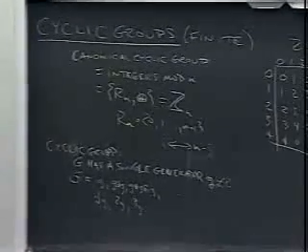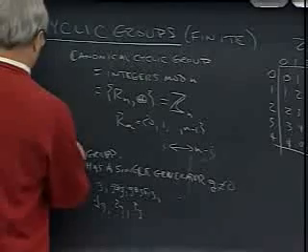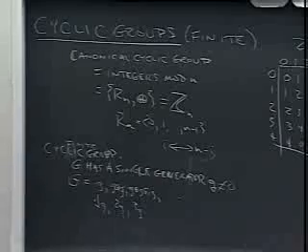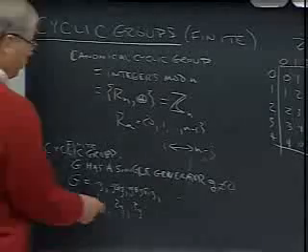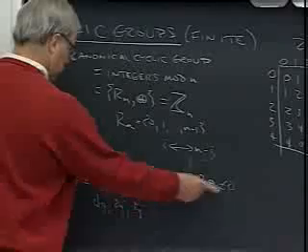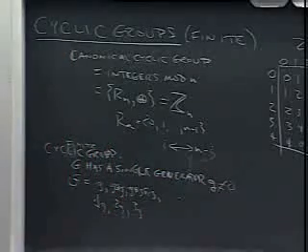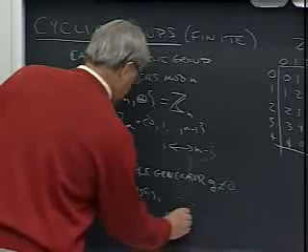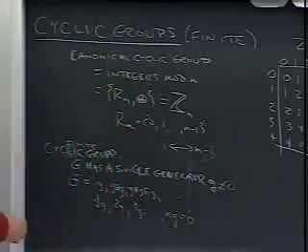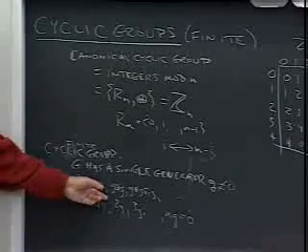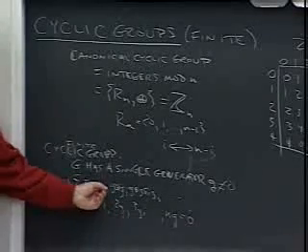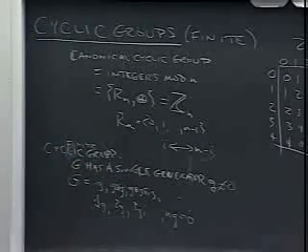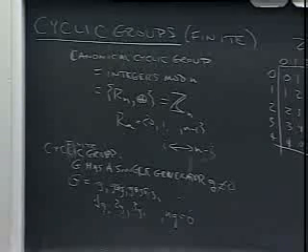All right. Let me again restrict this to finite. If it's a finite cyclic group, then at some point, well, this is all the elements of the group, so at some point I have to come along and say that ng is 0. When I say a generator, the set generated by g is just 1g, 2g, 3g, and that's got to be all the elements of the group, so n times g has got to be 0.